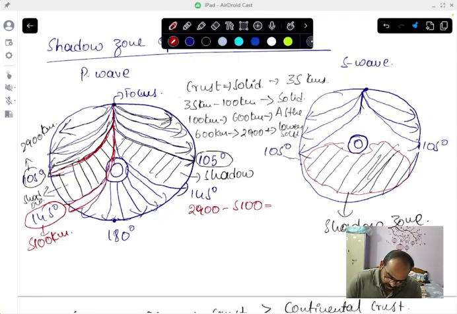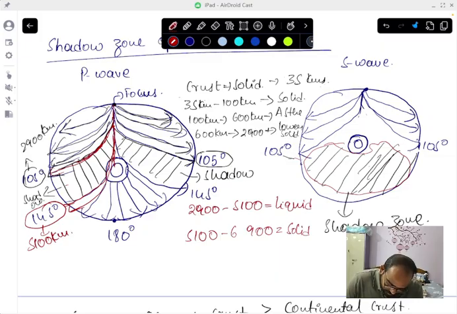And after 145 degrees, that is after 5100 to 6900 kilometers, there is solid. See, the P waves coming like this, entering the liquid outer core, and deflecting.